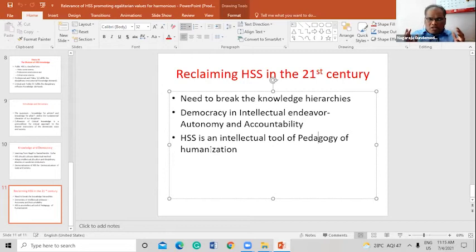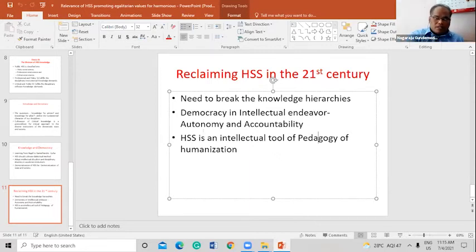For deepening democracy, we need to democratize the humanities and social sciences. Whereas for democratization of humanities and social sciences, a democratic intellectual environment is very much important. Then only the scholars are going to work with a free mind.